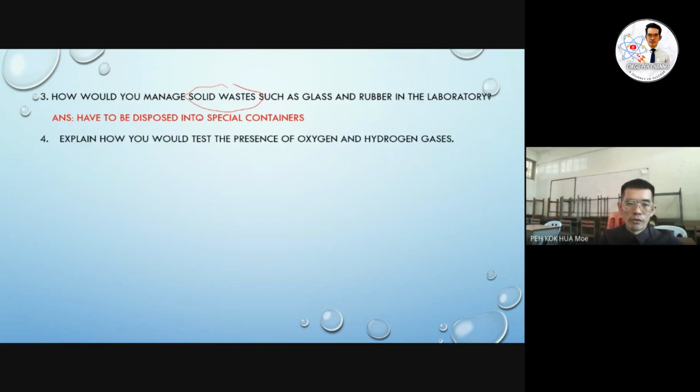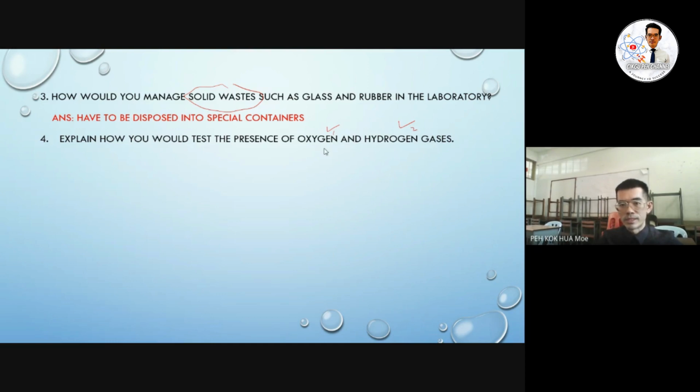The fourth question: explain how you would test for the presence of oxygen and hydrogen gases. Chapter 1 asks you some of the theory you have already learned in your PT3, and there is no further study of it in the Form 4 syllabus.